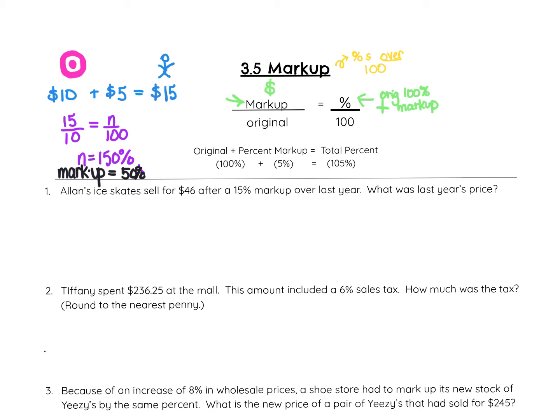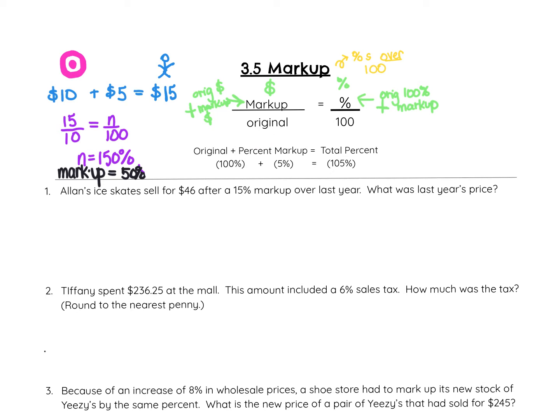This is just dollars. This is percent. This is how we set up our proportion. So the dollars, this is going to be the original in dollars plus the markup in dollars. And that is the key to helping you figure out how to set up these proportions.